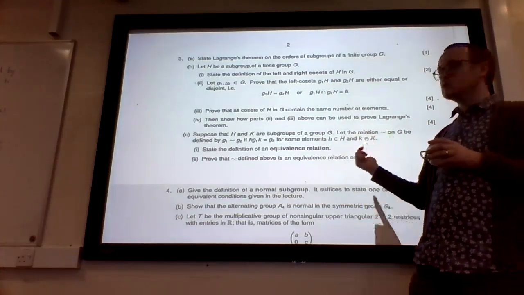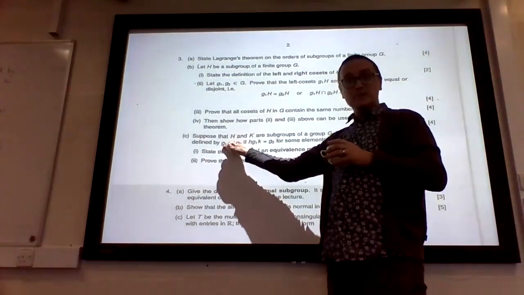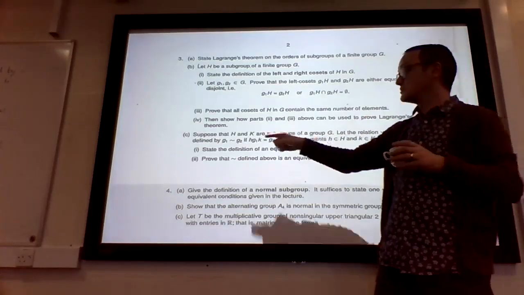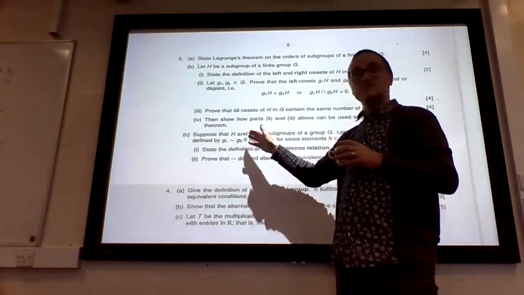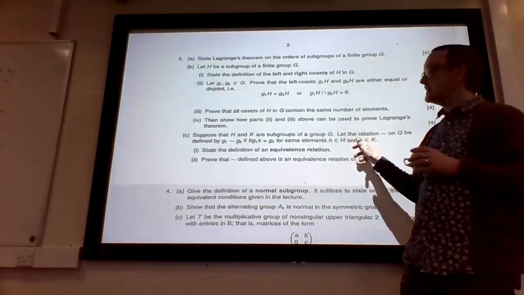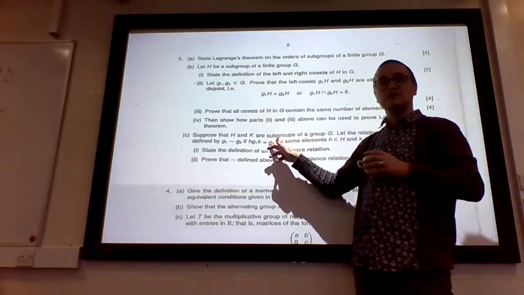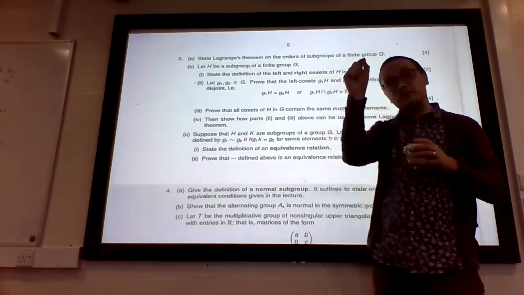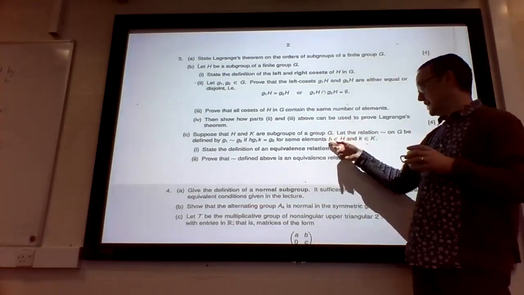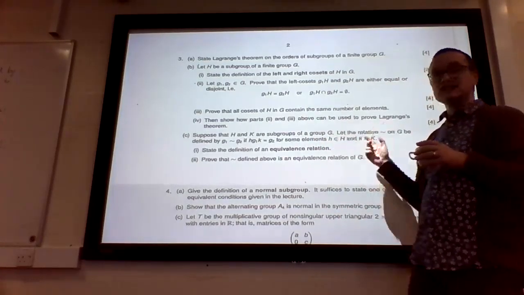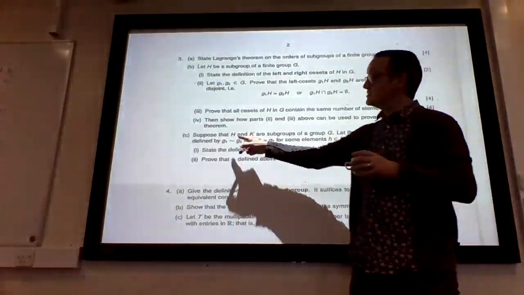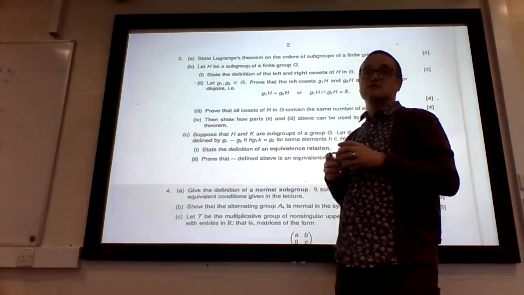A relation is a rule for constructing a statement, a sentence, which is either going to be true or false, depending on the inputs g1 and g2. So the statement is, you can find elements little h and little k that will give you this equation between g1 and g2. For particular g1 and g2, that might be true or false. If these little h and little k exist, then we say g1 is related to g2. If they don't exist, we say g1 is not related to g2.